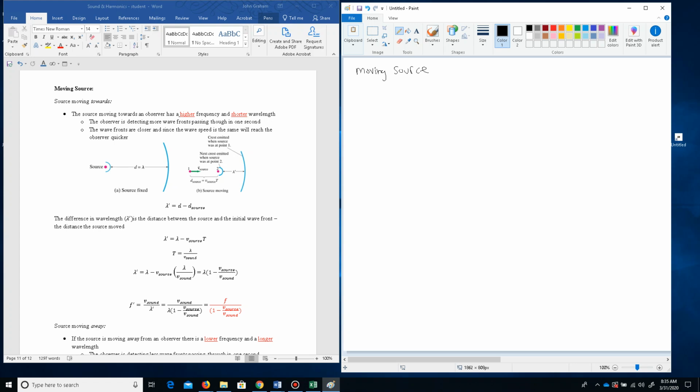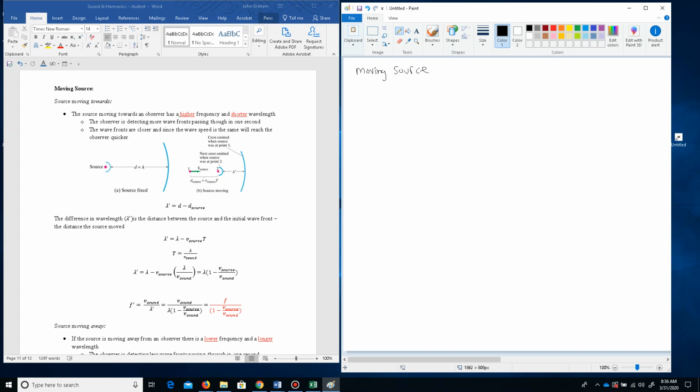Now when that source moves to point 2, you get a wavelength that is shorter than this one since it's moved closer.